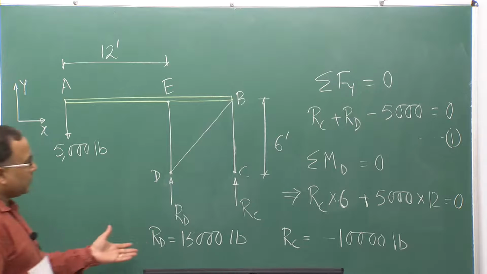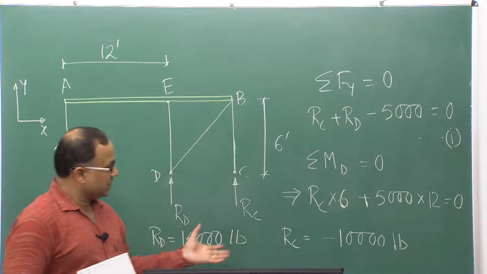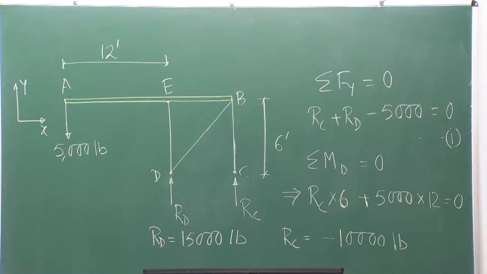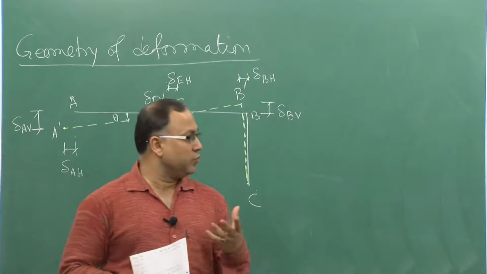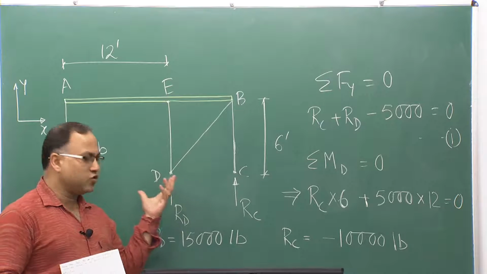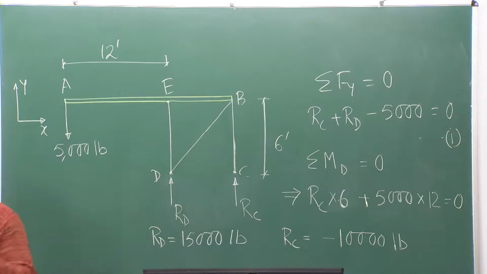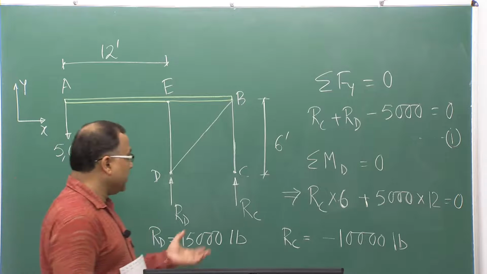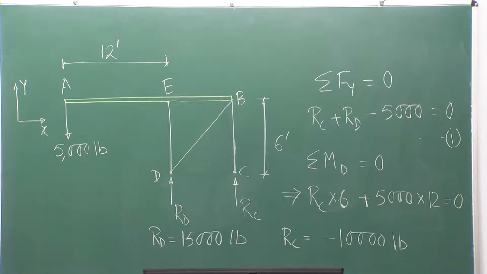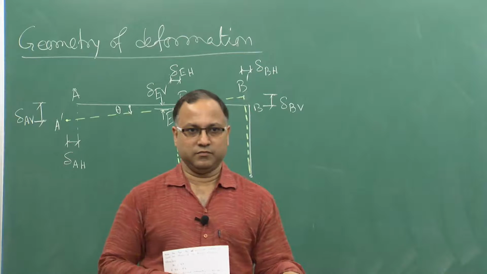Now, if you look at the magnitude of support reaction, RC is coming minus 10,000 pound. So, 10,000 is the magnitude. Now, what is the minus sign? Because I was not knowing the actual direction of RC and RD, I considered both in the positive y direction, that means upward. But after calculation, RC is negative 10,000 pound, that means the actual direction of RC is downward.